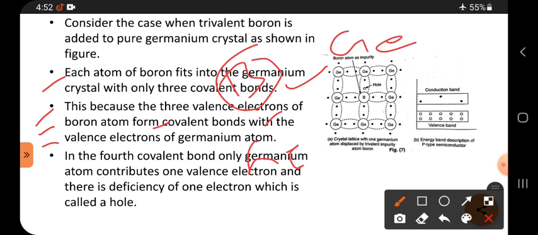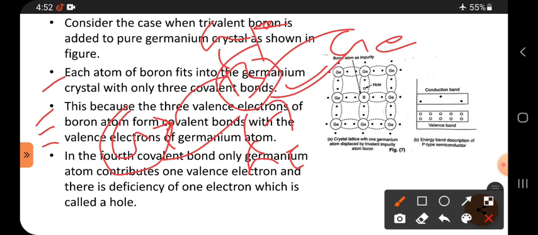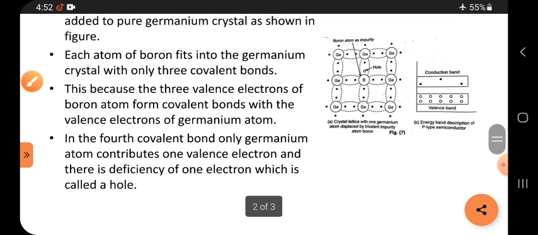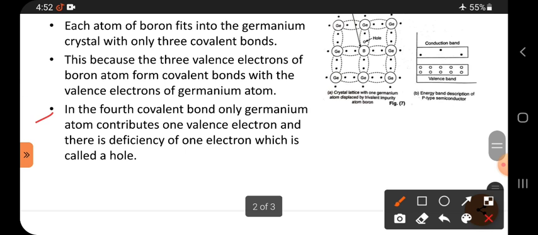Germanium atoms are present on all sides. In the fourth covalent bond, only the germanium atom contributes one electron, and there is a deficiency of one electron, which is called a hole. Deficiency means no electron is present.